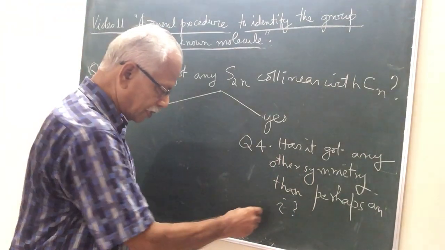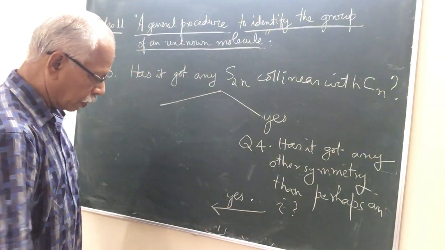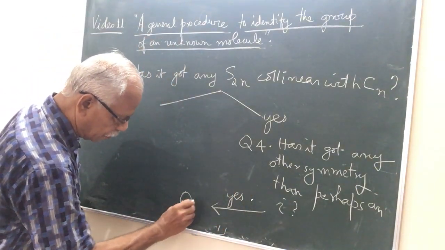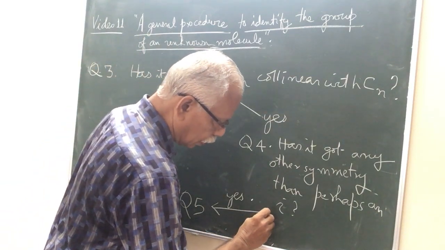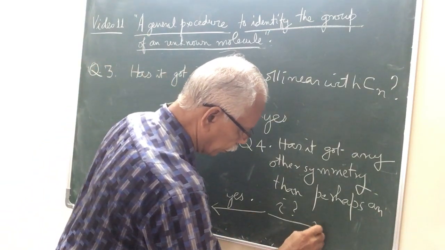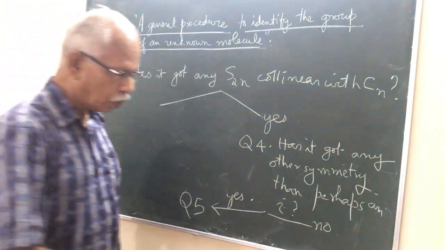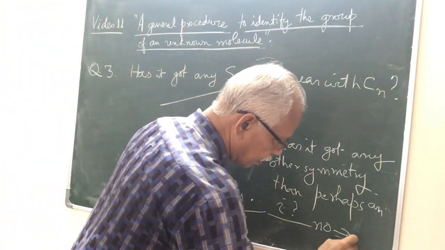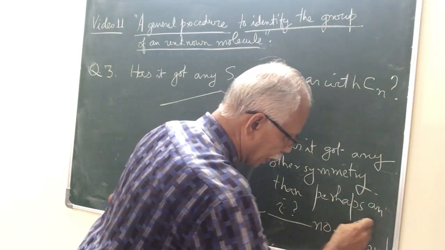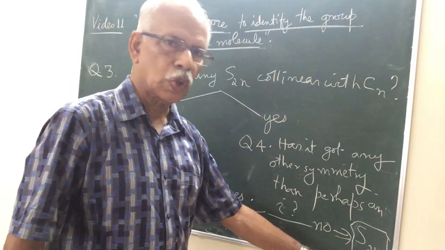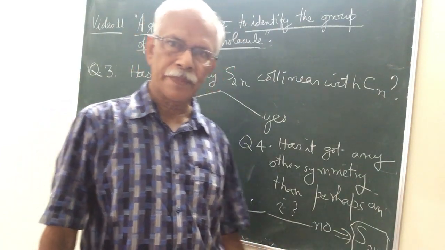If the answer is yes, you have to go to question 5, and if the answer is no, it will belong to the S2n group, where n is equal to 2, 3 like that, S4, S6 like that.